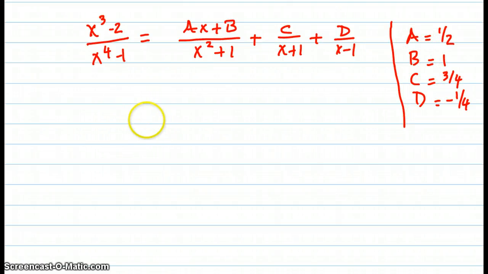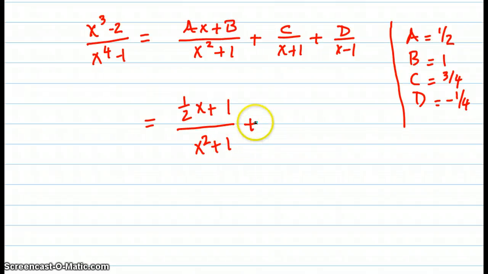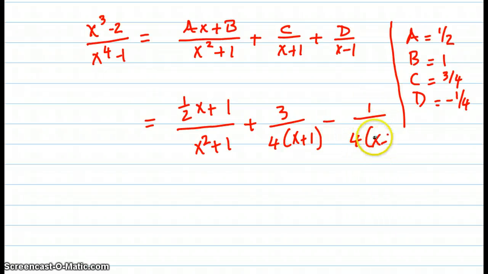So if we put it all together, this left hand side is equal to 1/2 x plus 1 over x squared plus 1, plus 3 over 4 times x plus 1, minus 1 over 4 times x minus 1. That's the final answer.